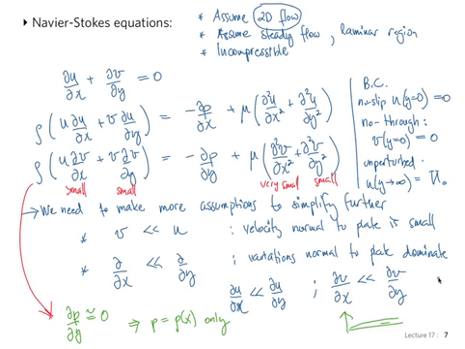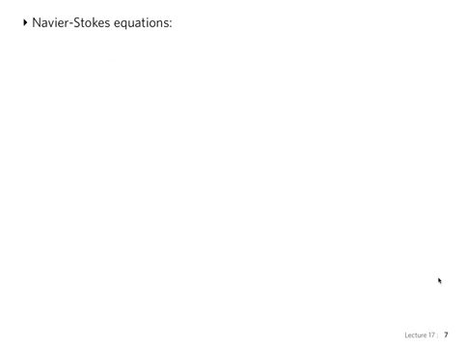So this is the power of the approximations, that all of this came to Prandtl in some incredible insight. So let's say that the y momentum equation completely drops out.